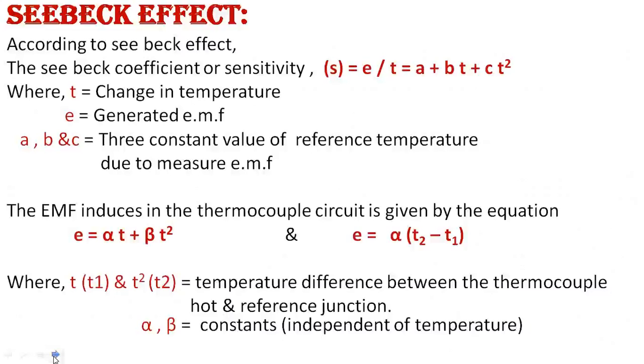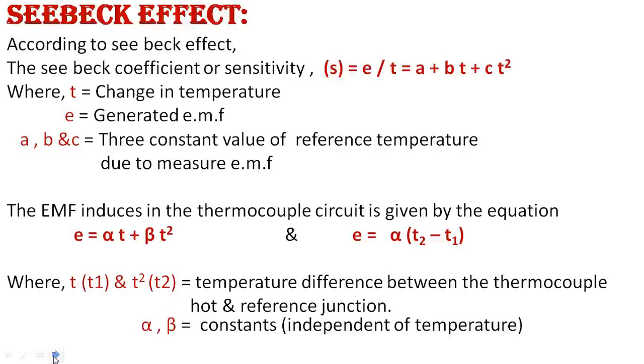Next, the Seebeck coefficient or sensitivity S is equal to E upon T, which is equal to A plus BT plus CT square, where T is the change in temperature, E is the generated EMF, and A, B and C are three constant values of reference temperature due to major EMF.